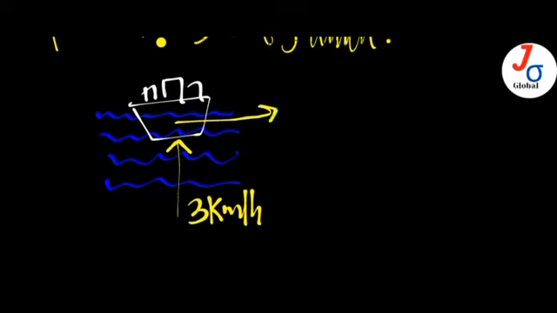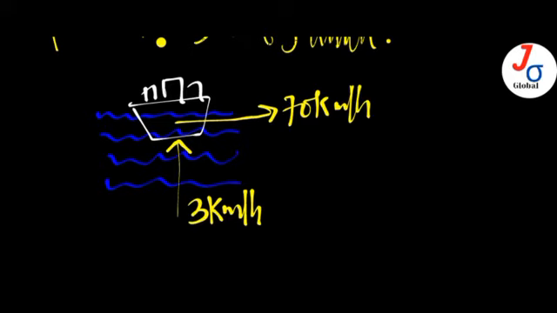Now we have the river moving in this direction with a speed of 3 kilometers per hour. We have the ship moving in this direction with the same speed, 70 kilometers per hour.